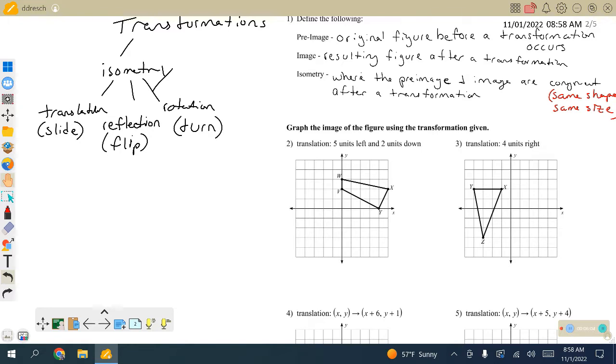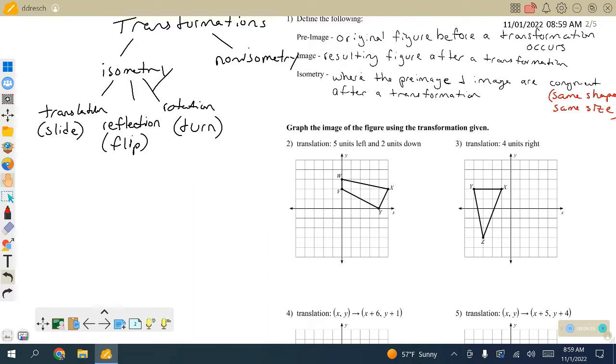Okay, so those are the three types of isometries that we're going to run into. The fourth thing that's out there that we're going to get into more second semester, and if you're in any engineering classes right now, you might be doing those already, is the non-isometry.